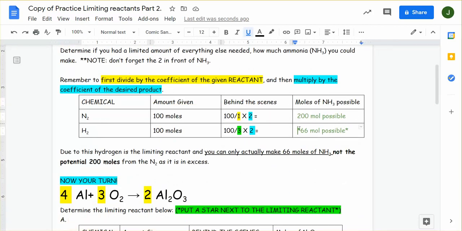Notice that there are these little asterisks. That's telling me that this is the one that is limiting, because it runs out first. If you're asking what I mean by runs out first, we both assumed that we had 100 moles of each.